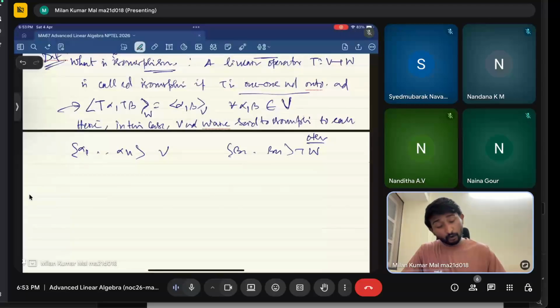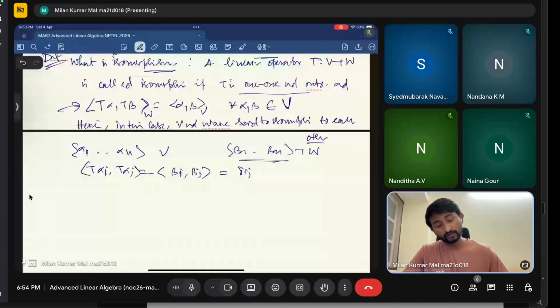But beta i, beta j is an orthonormal basis, so that will be delta ij, which is 1 if i equals j and 0 if i not equals j, and that equals the inner product of alpha i and alpha j.